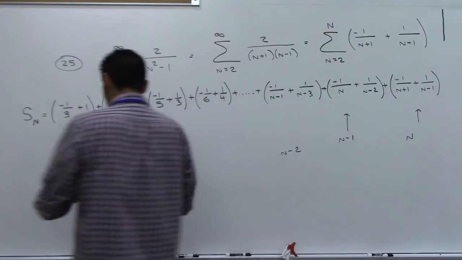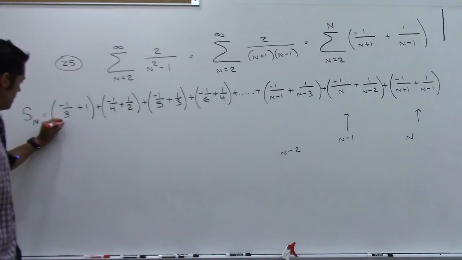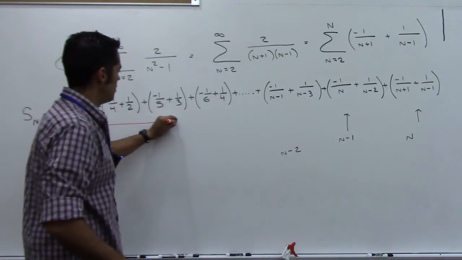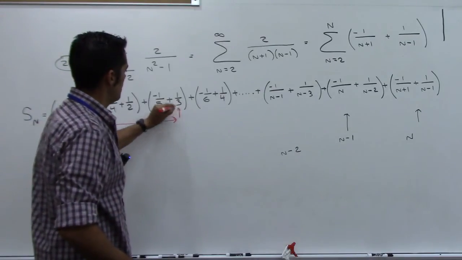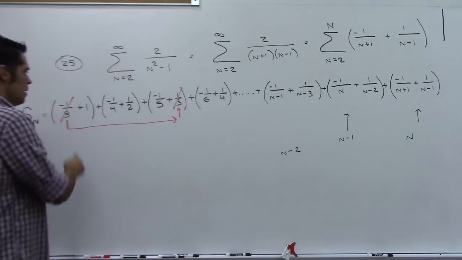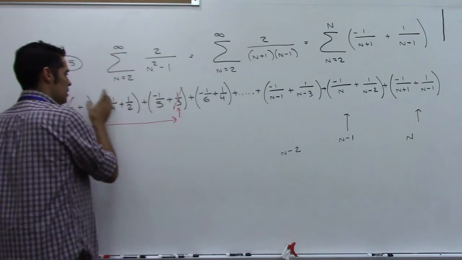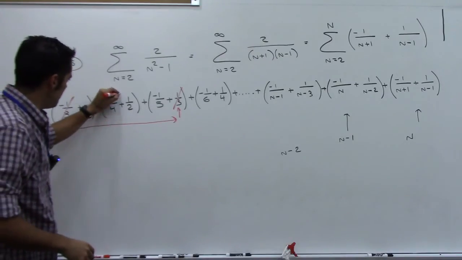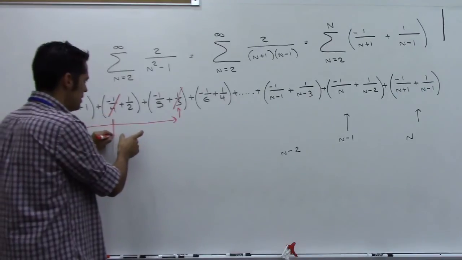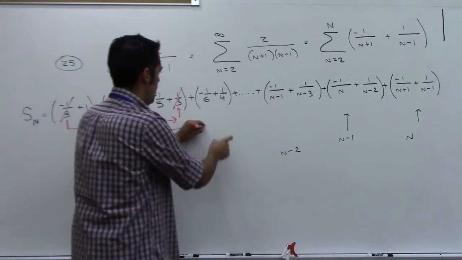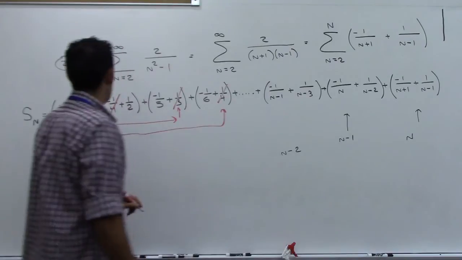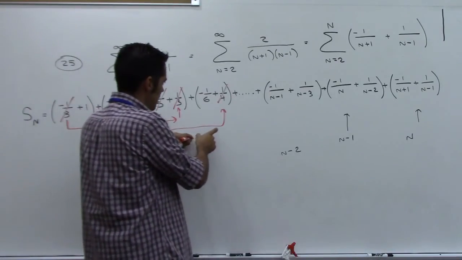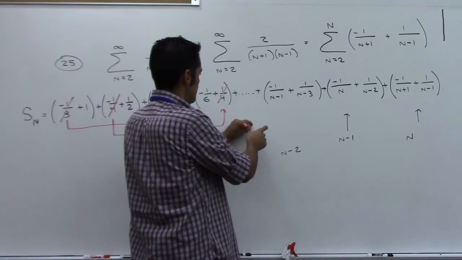So notice that the first number in the first parenthesis is going to be killed off by the second number 2 parentheses away. Yes. The first number should be killed off by the second number in the parenthesis 2 away.